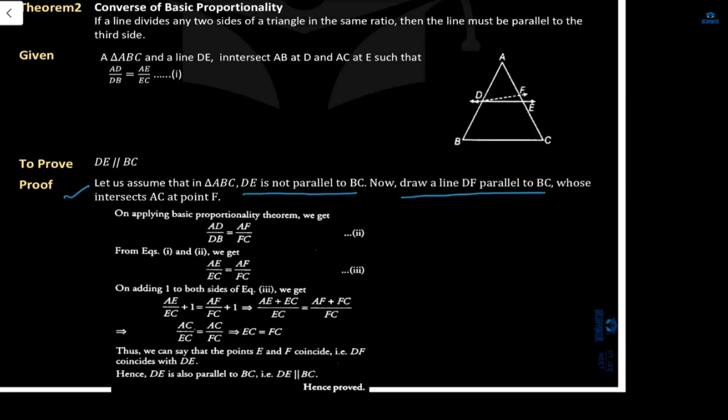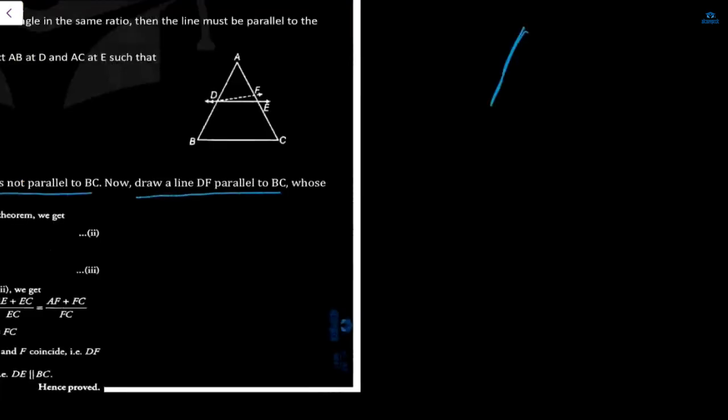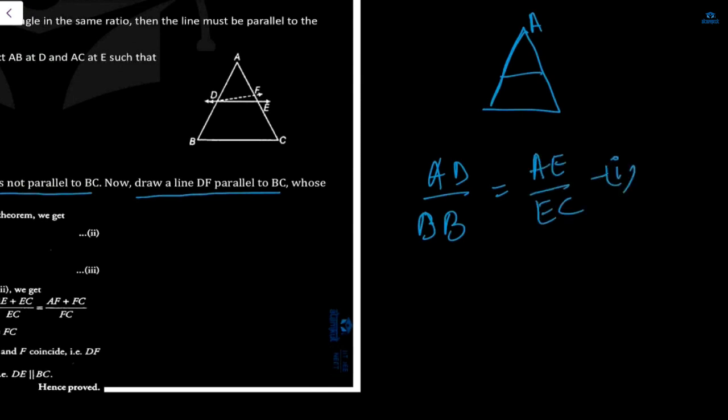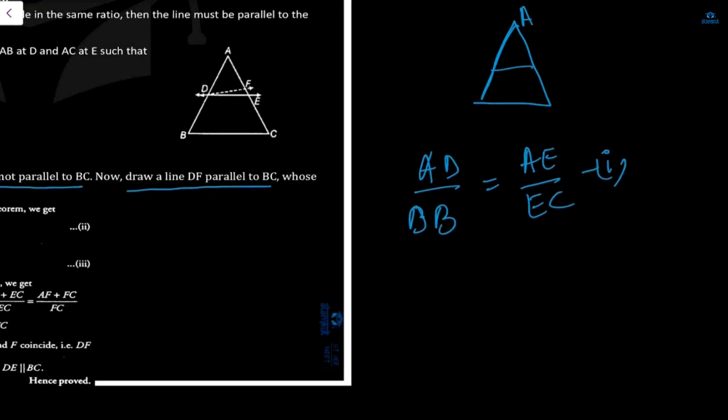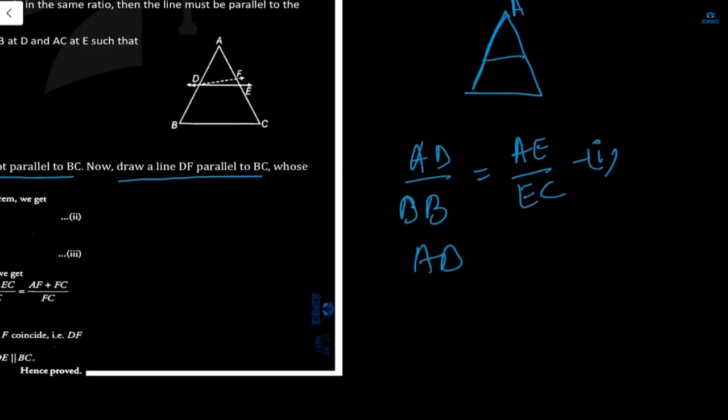This is what was already mentioned to you. But since we have taken DF parallel to BC, now we are applying the BPT. So we get that AD upon DB is equal to AF upon FC.